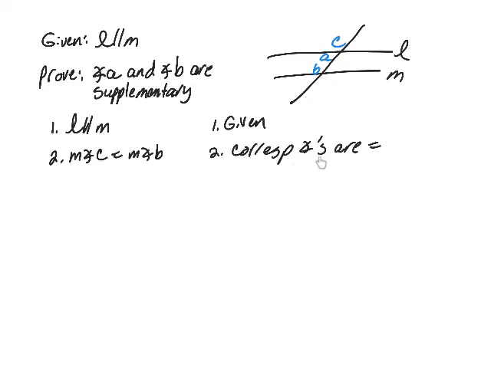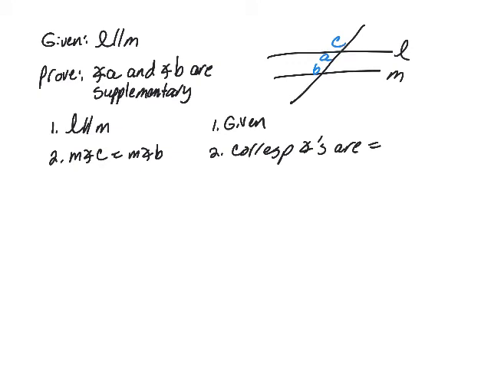So notice how I abbreviated this. I abbreviated corresponding. I used the angle symbol. I said are equal, and I didn't put down the whole if parallel lines are cut by a transversal, blah, blah, blah. You don't have to do that. I've graded these for years and years and years, and abbreviating these statements is just fine. Okay? So now let's take a look. A and C add to 180.